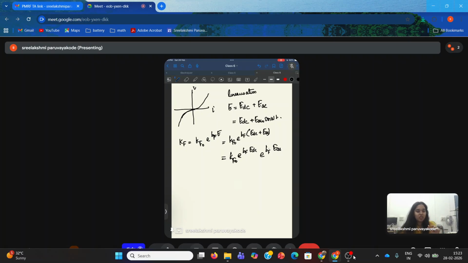It is exponential to the power of bf into (EDC plus EAC). It's not exponential of just bf into EDC plus EAC. So when you open the bracket, it becomes e to the power bf EDC times e to the power bf EAC. Now, let me take this as such. This AC part I can linearize, because e to the bf EAC is 1 plus bf EAC naught sine omega t, and the next term becomes (bf EAC naught sine omega t) squared by 2 factorial, and it keeps on going.